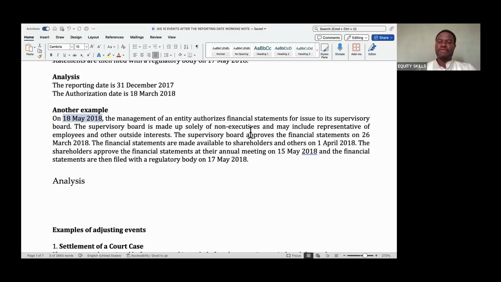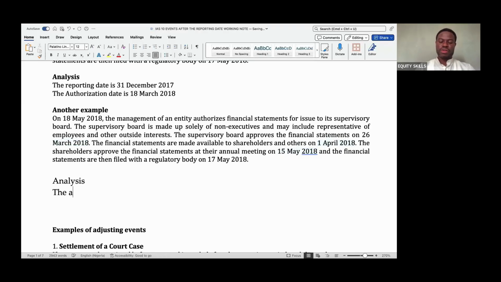So the supervisory board approved the financial statement on 26th of March. So they then gave it to the shareholders on 1st of April. Then the shareholders approved it on 15th of May. They filed it to the regulatory body on 17th of May.